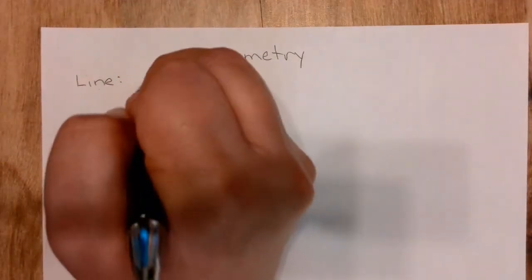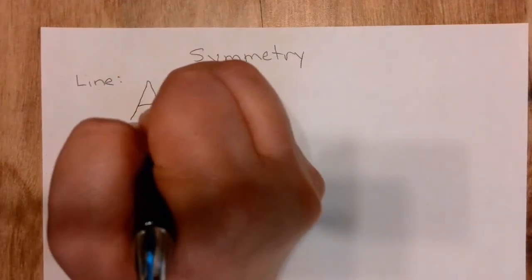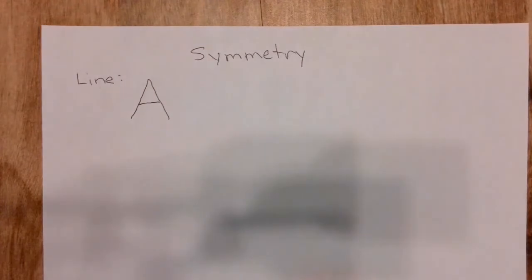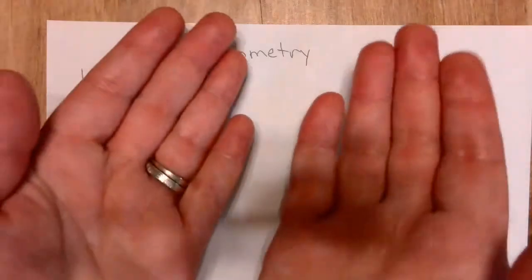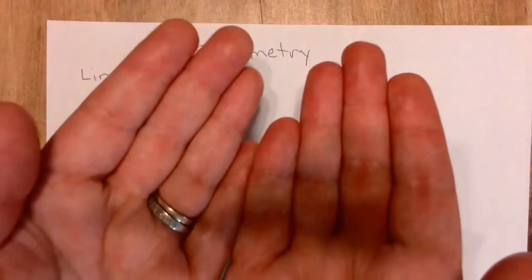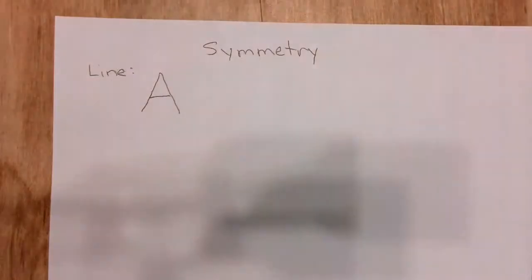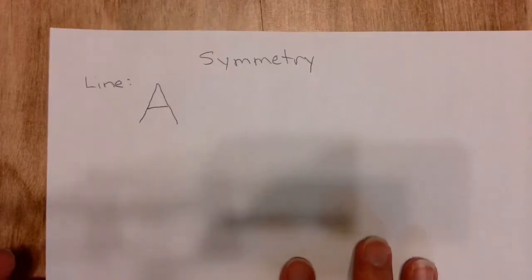Line symmetry, just to give you examples, let's use the letter A. Is there some place that you could take the letter A and essentially fold it either up or maybe fold it this way, and the shape would line up exactly with itself?